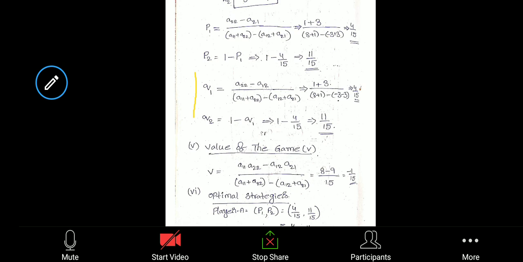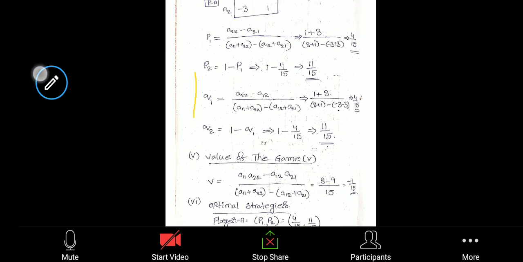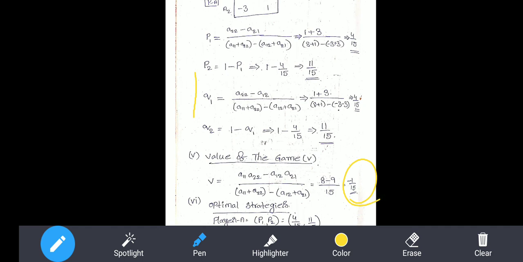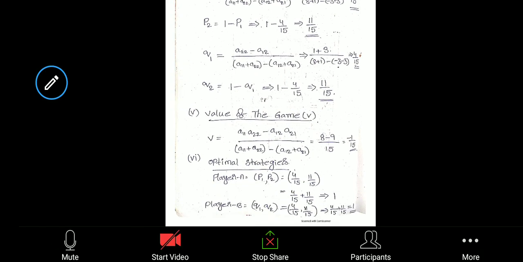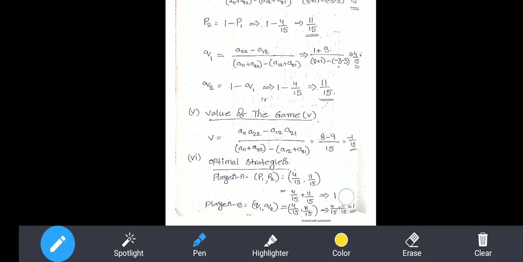So we get the value of the game. By using this equation, you can calculate the value of the game. So the optimal solution is obtained. The sum of the probabilities is 4 by 15 plus 11 by 15 equals 1, and q1, q2 also sum to 1, that is 4 by 15 plus 11 by 15 equals 1.